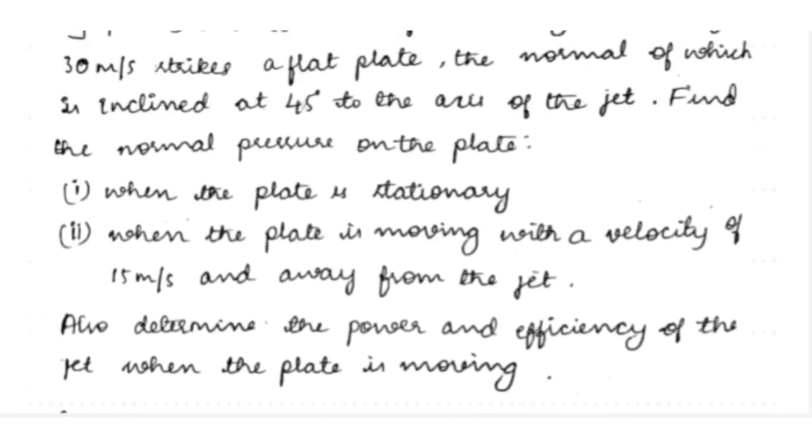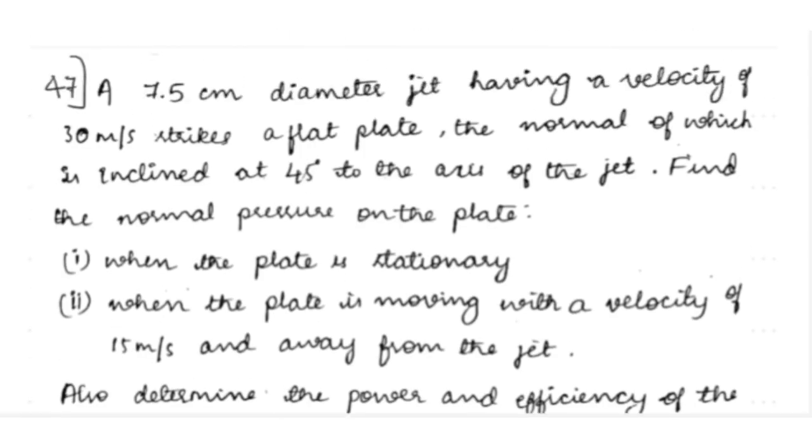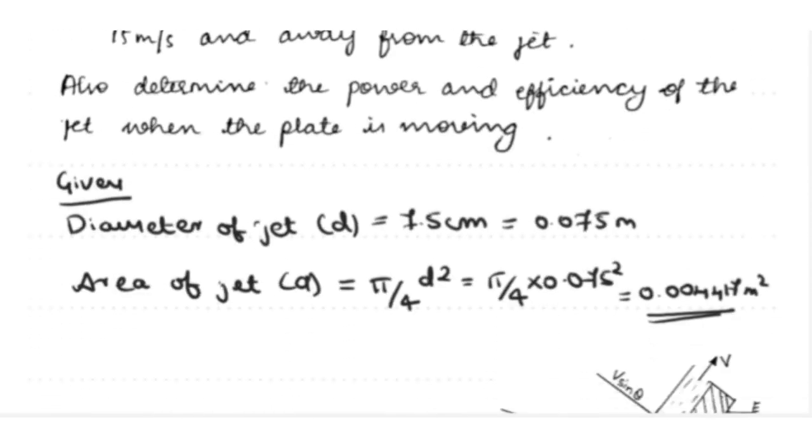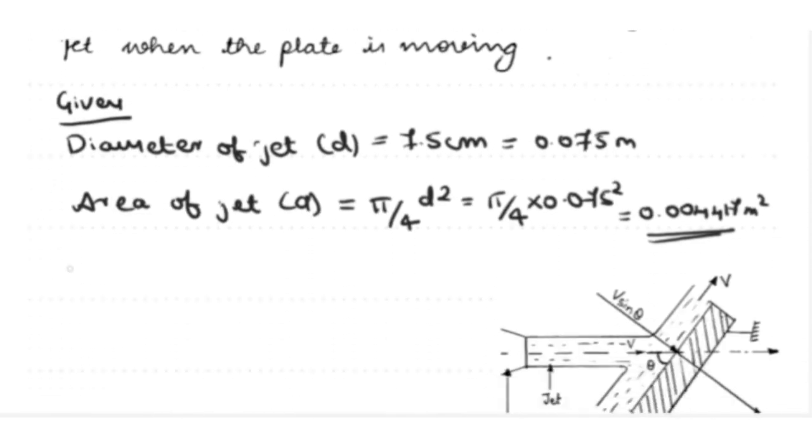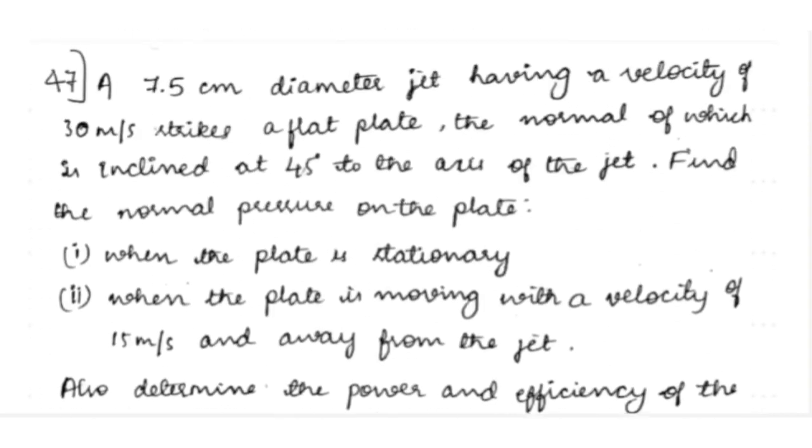So let us see what is the next thing given. Having a velocity of 30 meter per second, so velocity of jet v is equal to 30 meter per second.